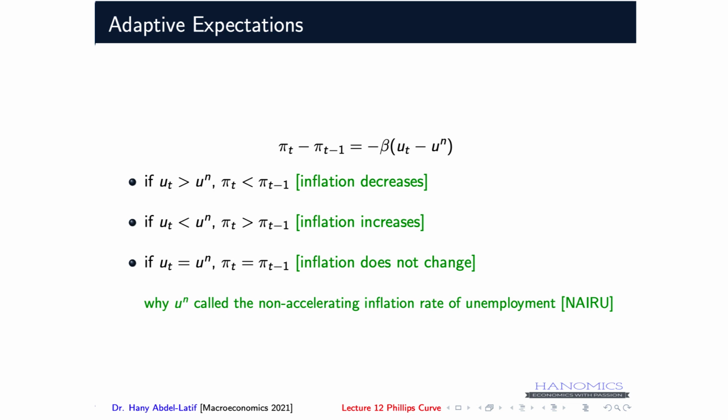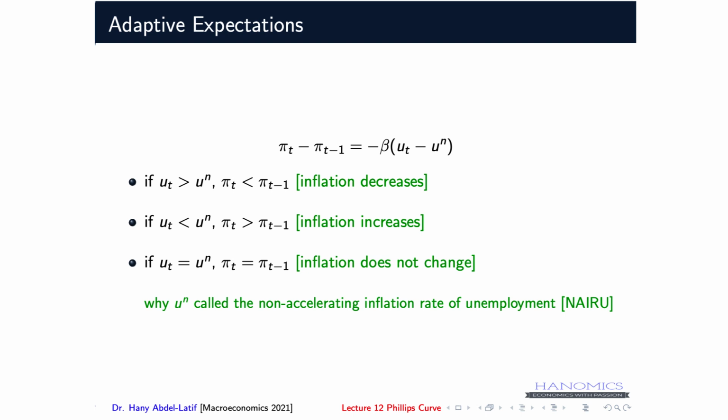If both are the same, so if the actual unemployment rate equals the natural rate of unemployment, then the actual inflation rate will equal the inflation rate in time t minus 1, meaning that inflation will not change. That's why this natural rate of unemployment is called the non-accelerating inflation rate of unemployment, or NAIRU for short. That is because of this relationship.